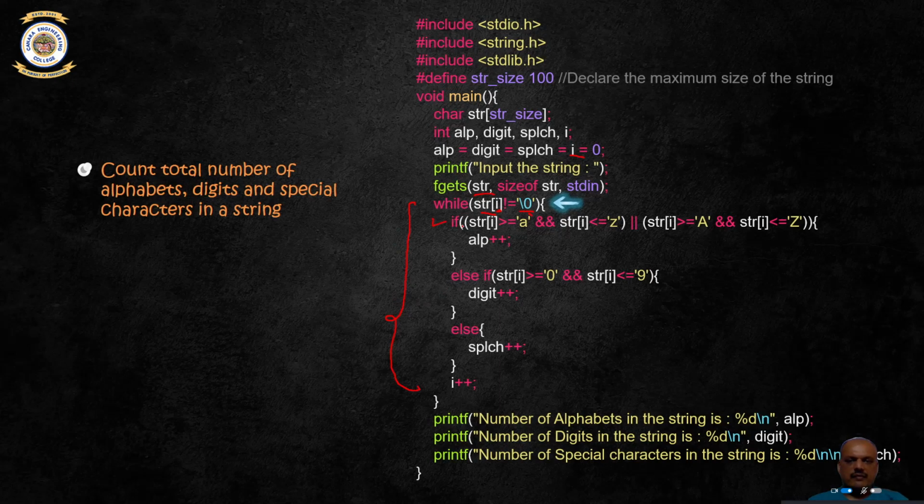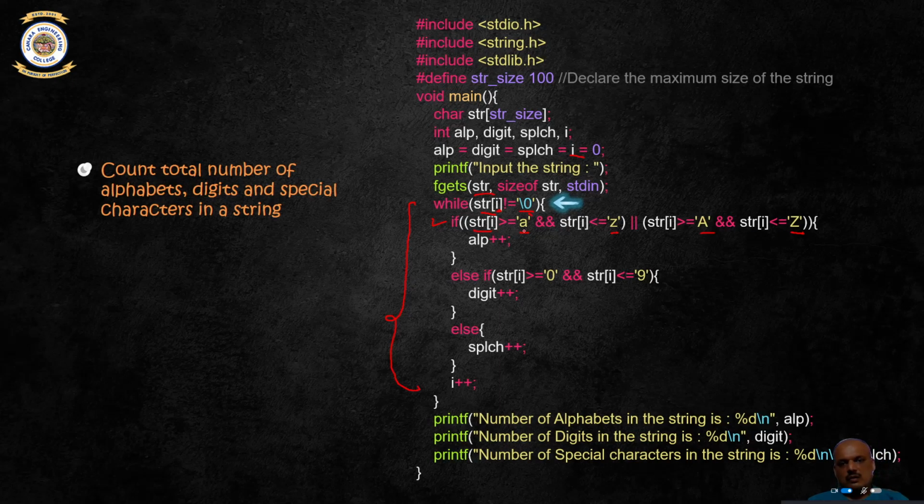So see if the ASCII value of the first character is from capital A to capital Z. Mind you, each character is stored as an ASCII value.